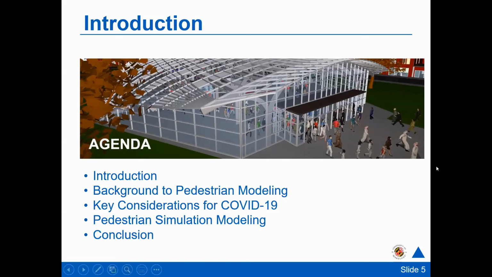We'll talk a little bit about the background of why this type of information is useful, and about modeling in general. Then I'm going to hand this over to Robert, who will talk about the COVID-19 pedestrian simulation modeling for this application, and then we'll go through a wrap up.